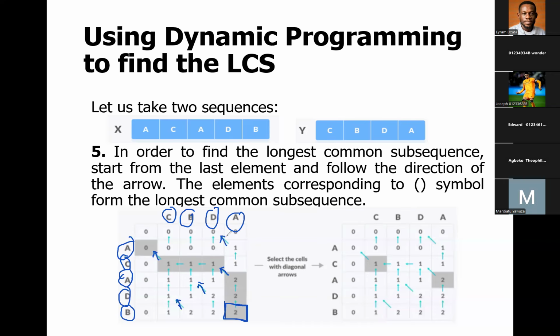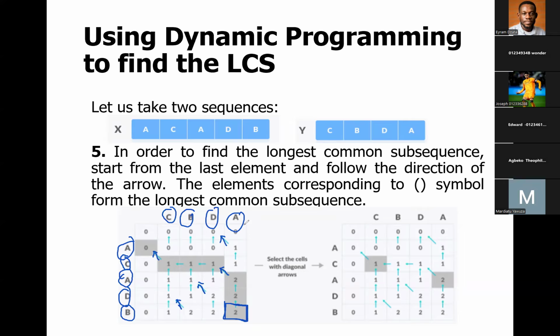And like I said, if you've drawn this arrow when doing step 2 and step 3, then it becomes easier when you are finding the largest common sequence. However, if you've not done it, it becomes a bit difficult to tell what is the largest common sequence.